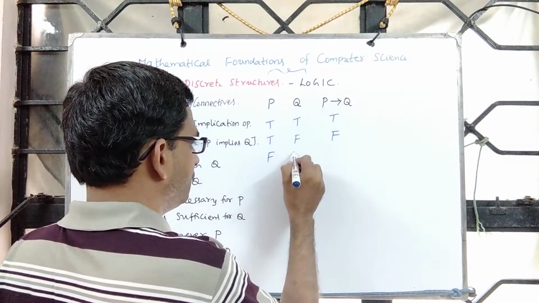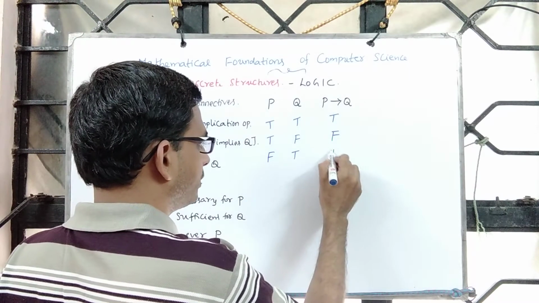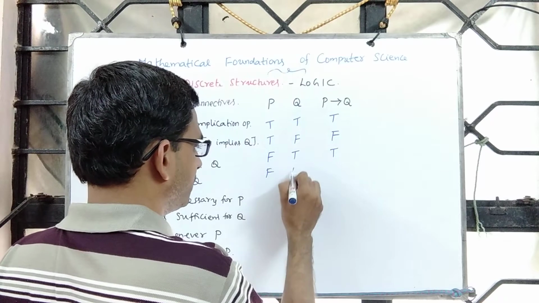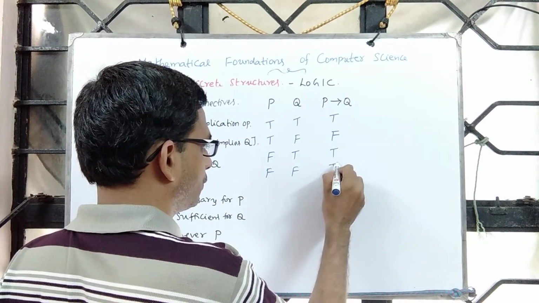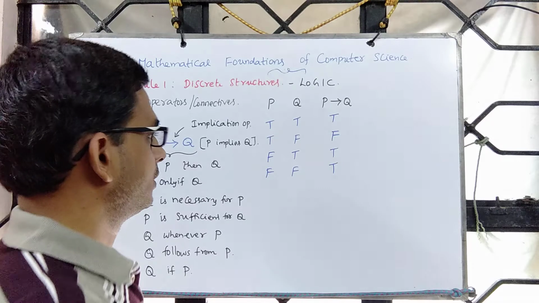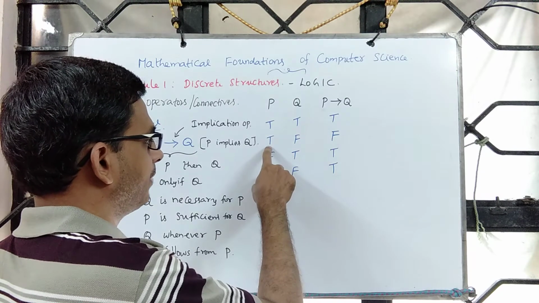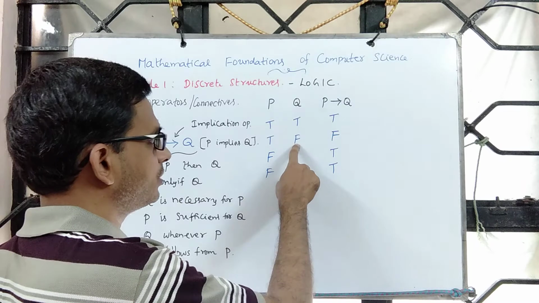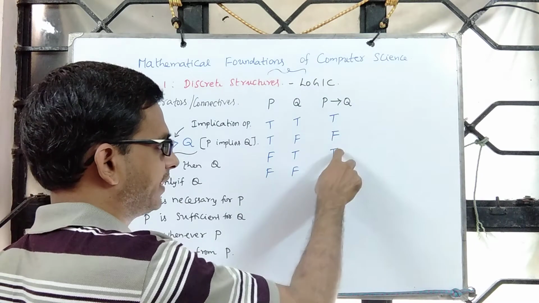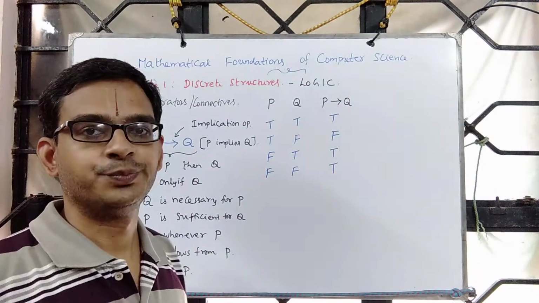And P false and Q true, then this is true. P false and Q false, this is true. So the expression is false when P is true and Q is false, and in all other cases it is true.